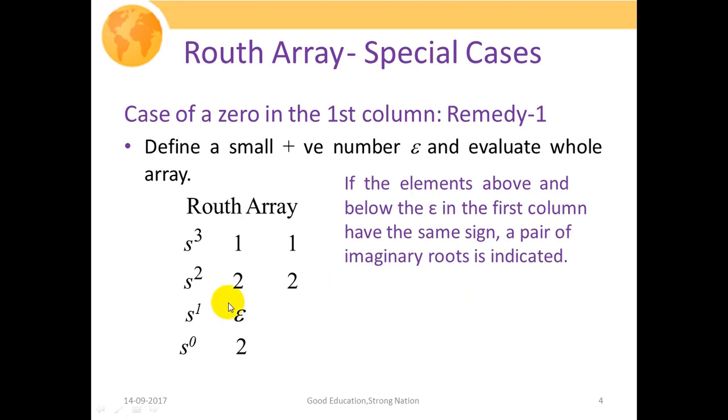Obviously, if we analyze this first column of the Routh array, epsilon is a small positive quantity, so again a positive sign, then 2 again a positive quantity. So there is no sign change in the first column of the Routh array, hence the system is stable. But just because the elements just above and below are of the same sign, it actually indicates that we'll have a pair of imaginary roots.